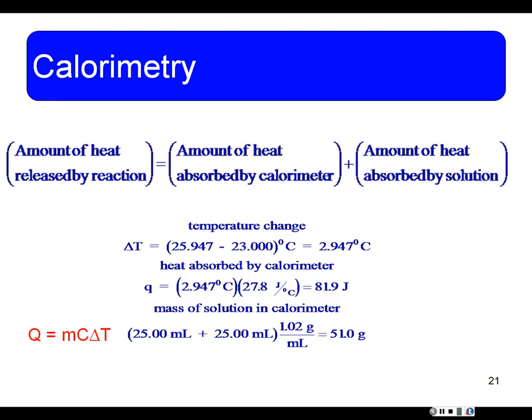Then you multiply times the density. Remember we used density last semester to get to a mass quantity. Now your milliliters cancel, and you're left with grams. You have to go from milliliters to grams because we're about to plug this in to Q equals MC.